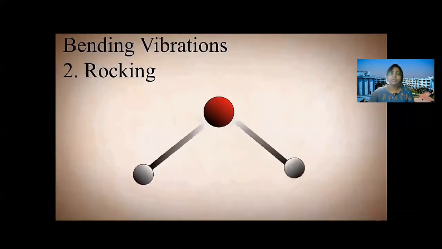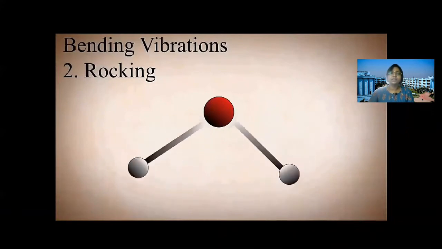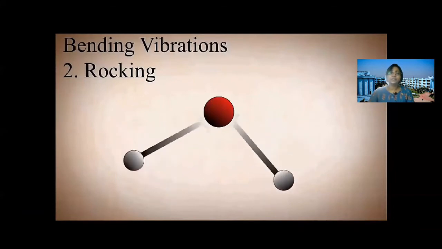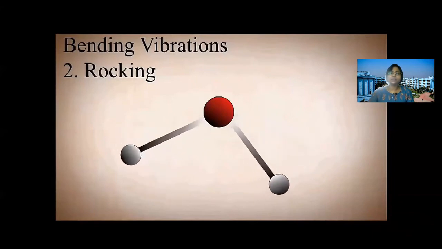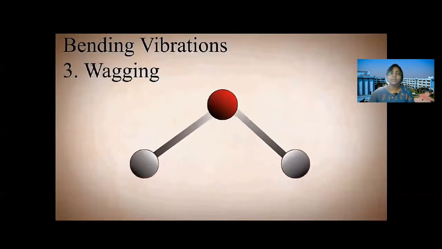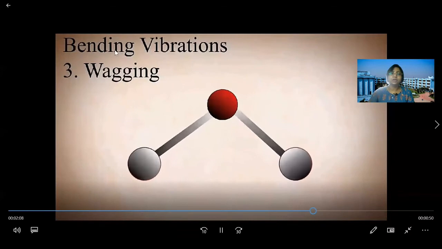But when the asymmetric vibration occurs, we get a dipole moment. It is not permanent, so we get a temporary dipole moment. And if there is a dipole moment, then it is IR active. Now it is called wagging. It is coming to the front and then going back.